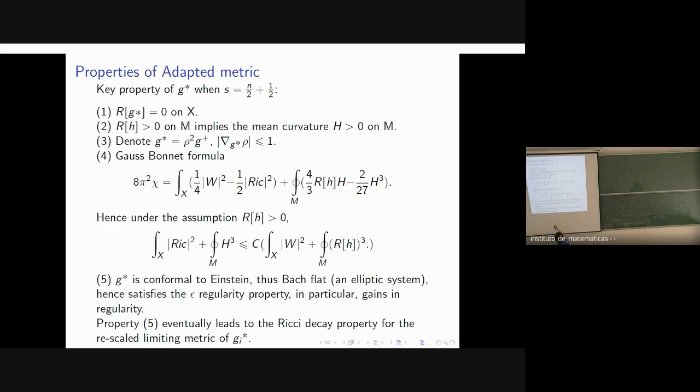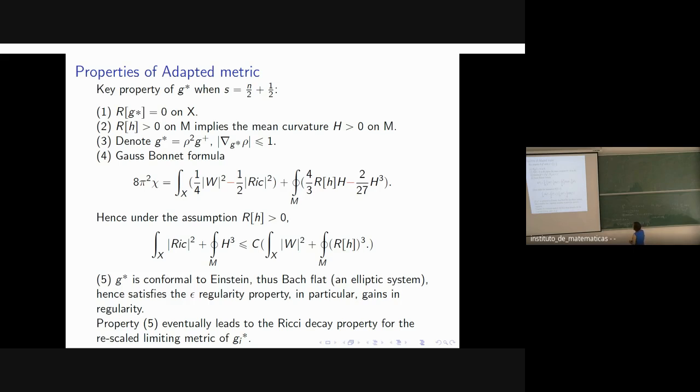And the fourth property is we now have curvature L2 norm. And then the fifth property is, this is common for all G star, that it is conformal to Einstein and hence Bach flat. This other property I didn't explain in class is conformal to Einstein, and then it is Bach flat.